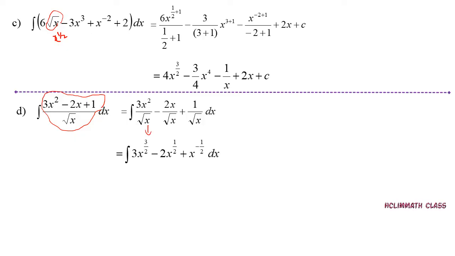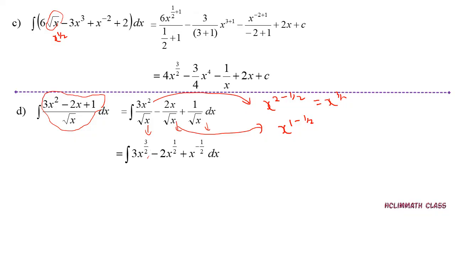So this one you simplify. For example, for the first term, we have x to the power 2 minus 1 over 2, so I get x to the power 3 over 2. That's why you will get this term. Same thing for the second term: we have x to the power of 1 minus 1 over 2.